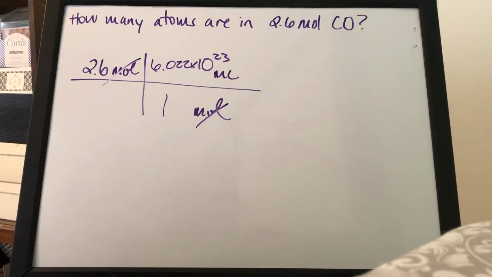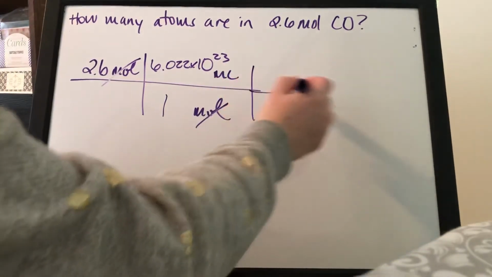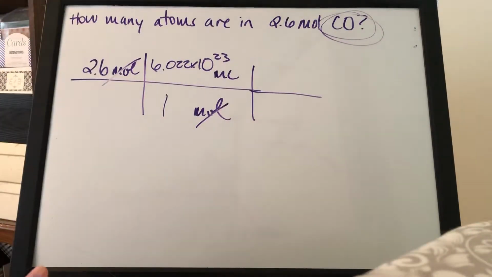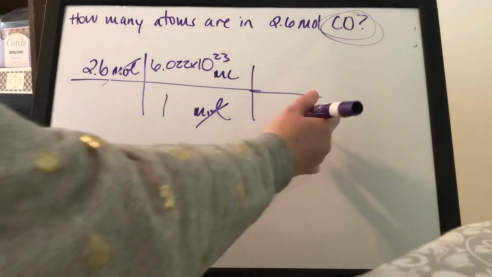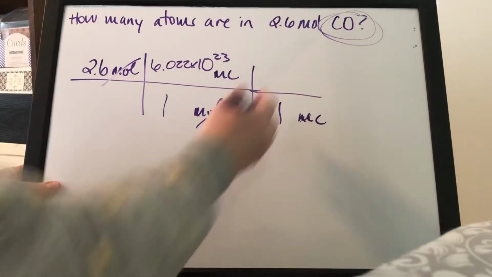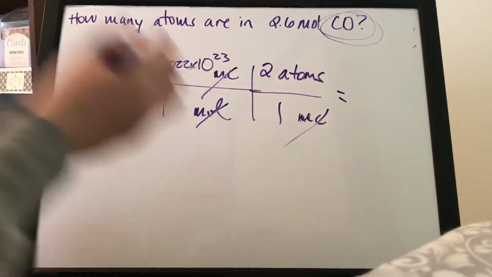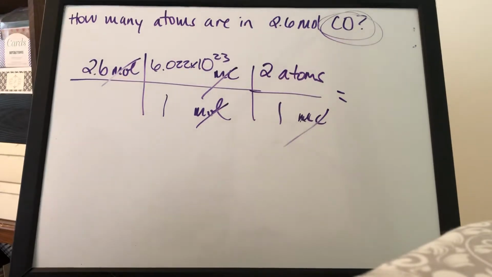And now I'm left with molecules, so this is where we think about, well, in every one of these molecules, how many atoms are there? Well, there are 2. There's 1 carbon and 1 oxygen. So that becomes your new conversion factor, that in 1 molecule, there are 2 atoms. And now, my units cancel.